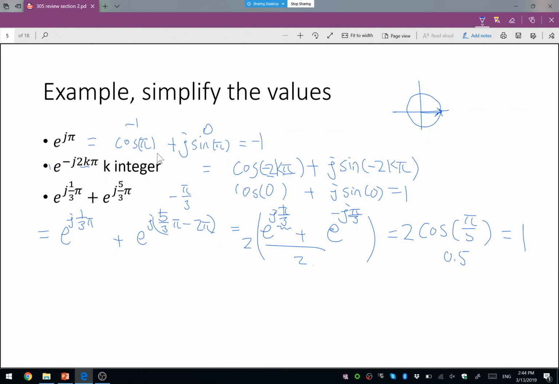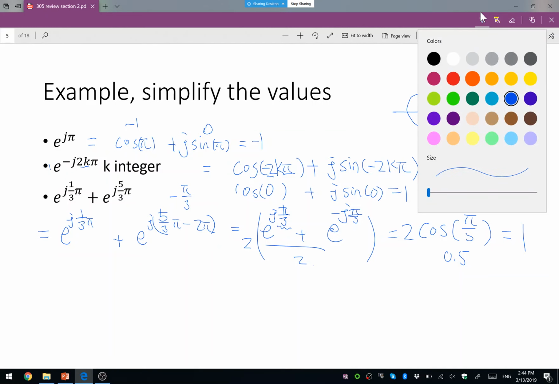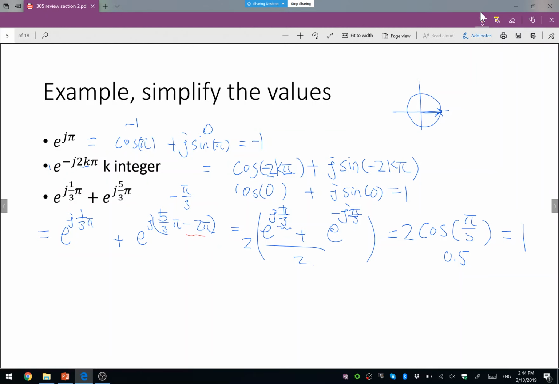Question? Why did you get the negative 2 pi? Which negative 2 pi? This one? Like this negative 2 pi? Yeah, because it's periodic by 2 pi. And how come you only subtracted that from the second number, not the first one?